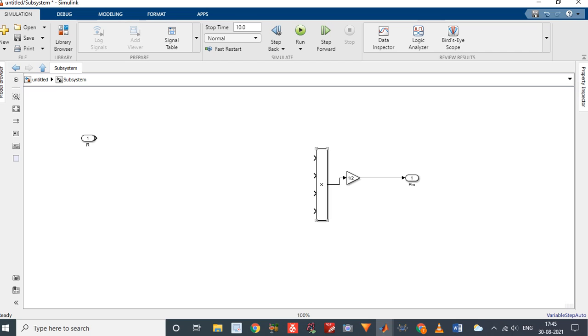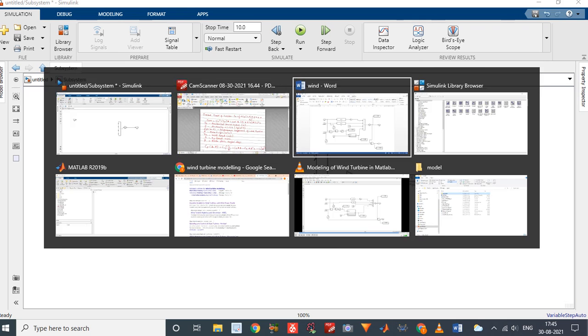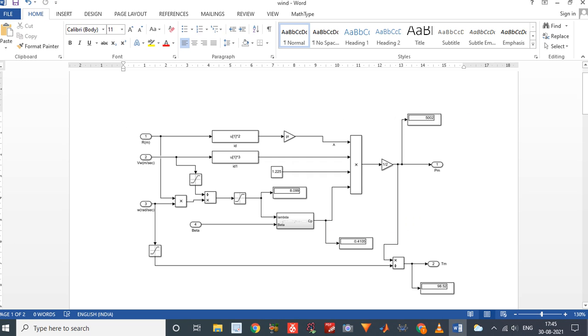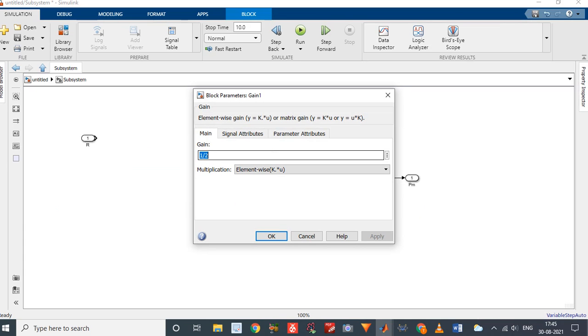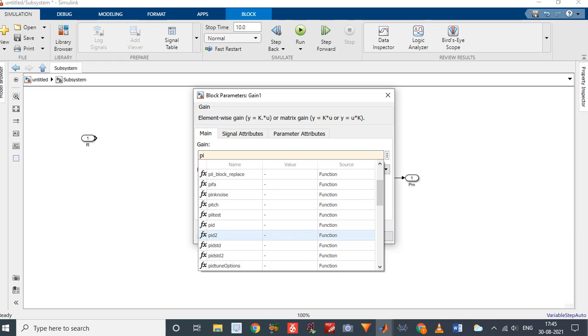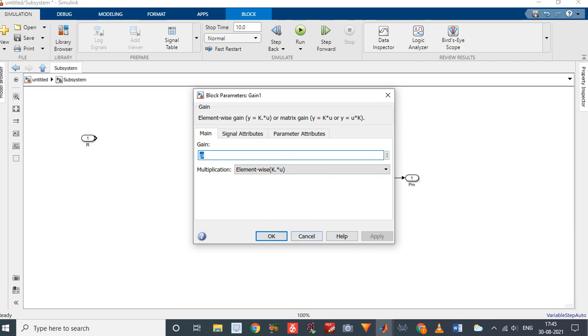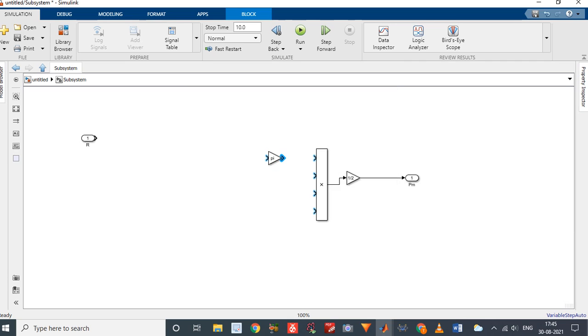So here the first one would be your A. A is pi r square. First of all, we have to take a gain again for pi. And then we have r square.